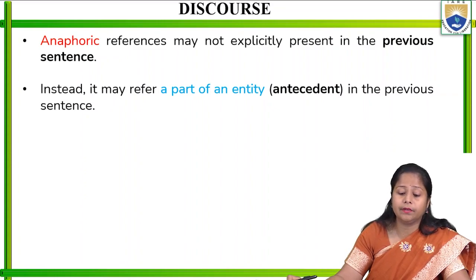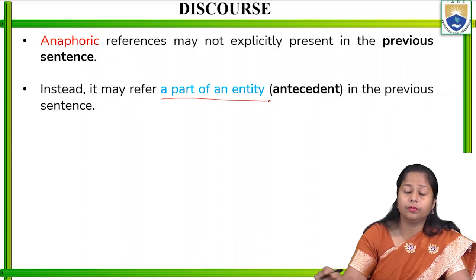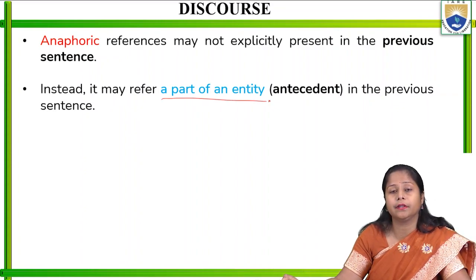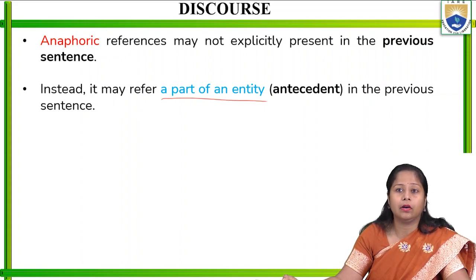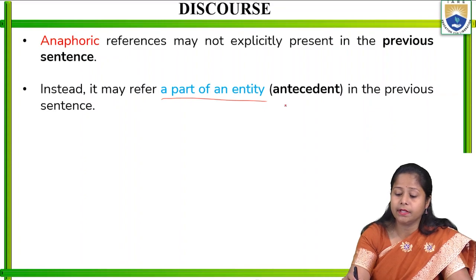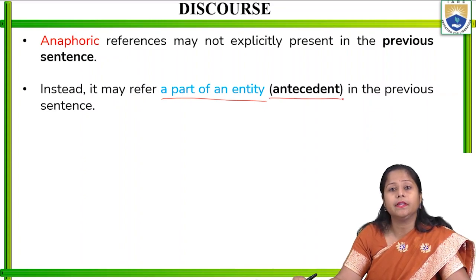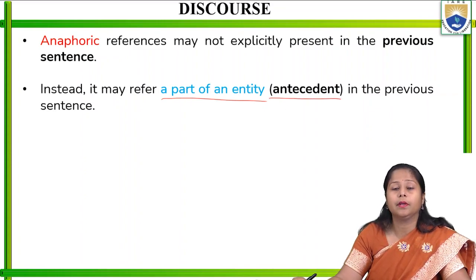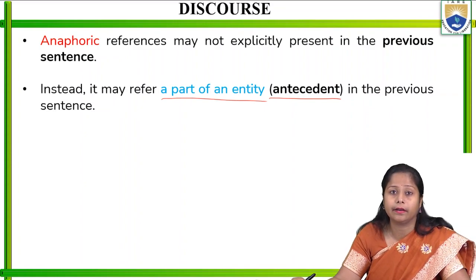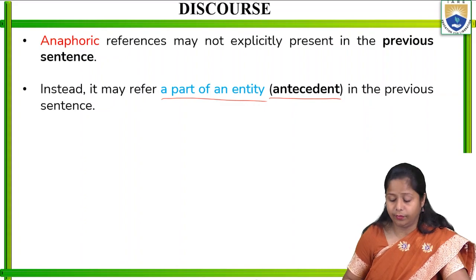Instead it may refer to a part of an entity. In the second example, he was used, so those are called a part of an entity, like the antecedent in the previous sentence, right? So in the previous sentence there will be the antecedent of that particular sentence. So that is an anaphor.